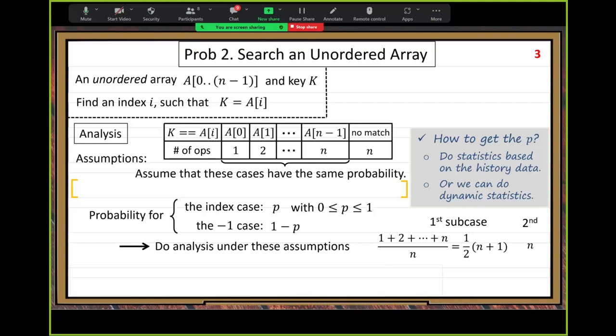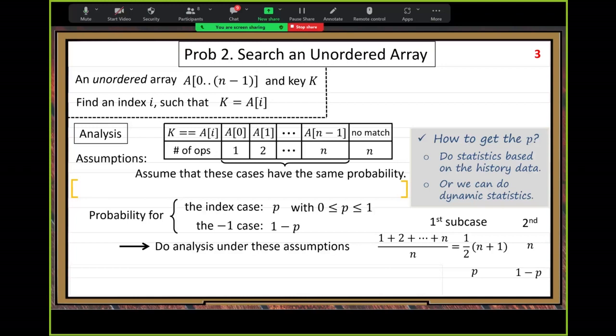All right. Now, the last step to find the overall efficiency, the average of all the possible cases, we want to combine these two subcases in a suitable way. This time we need to use the probability numbers: little p for the first subcase and 1 minus p for the second subcase.